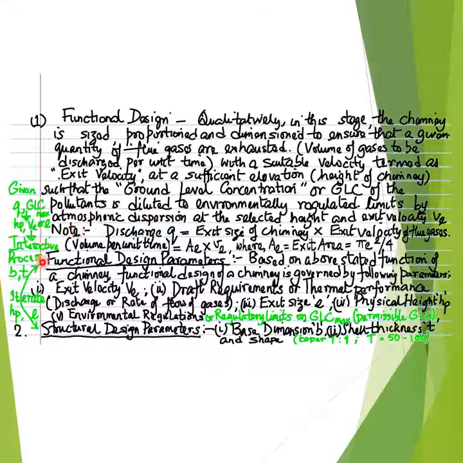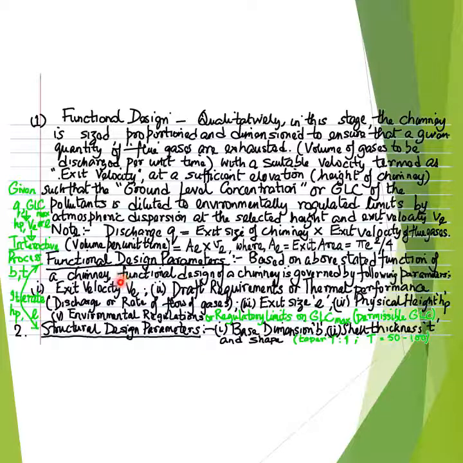Hence, to summarize, the functional design parameters, that is, the parameters of the design process that are to be dictated or finalized in the functional design stage of the industrial chimney based on the above stated function of the industrial chimney, are as follows. 1.